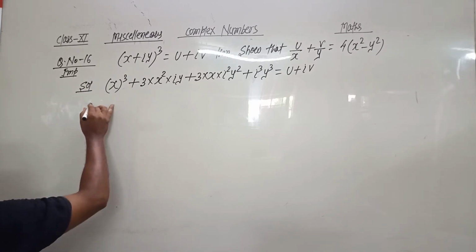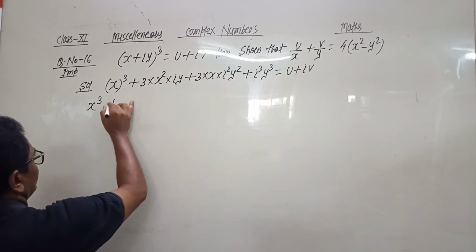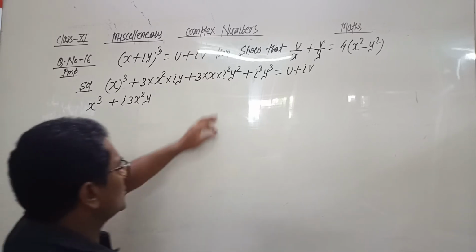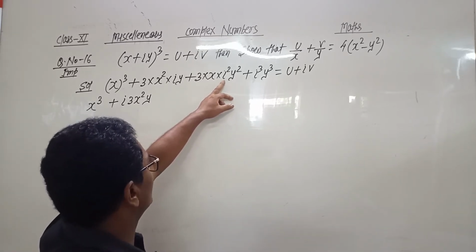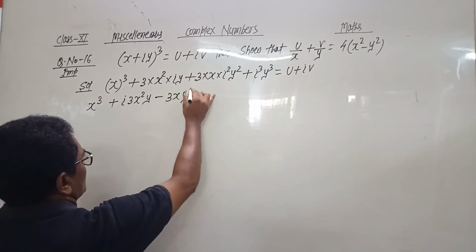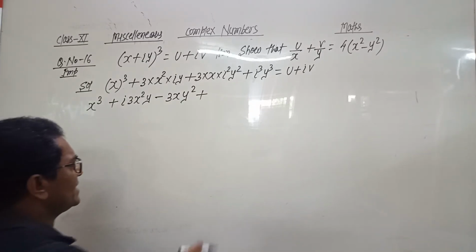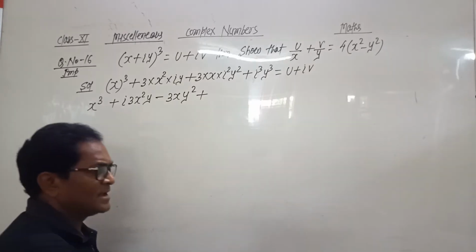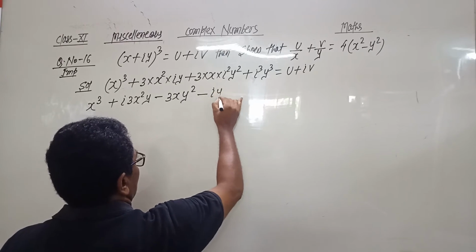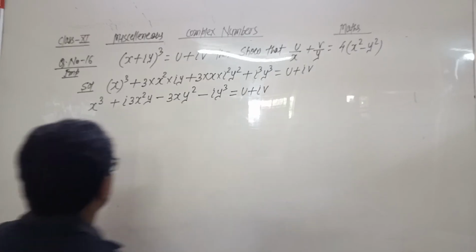So x the power 3, it comes x cube plus iota 3x square y. Here iota square becomes minus 1, minus 3xy square. And iota cube is written as iota square into iota, so iota square is minus 1, minus 1 into iota, minus iota y cube is equals to u plus iota v.